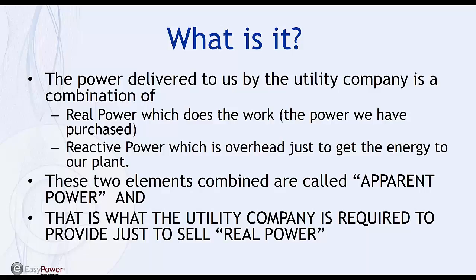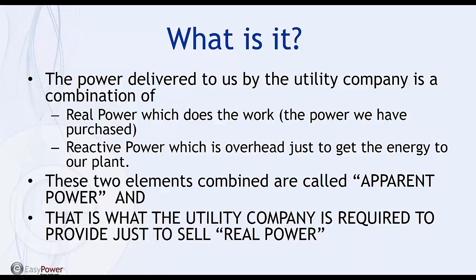Just real briefly, the power delivered to us by a utility company is a combination of two things. Basically, the real power, which does the work, and that's what we purchase to be able to do work with the electrical energy. And then there's reactive power, which is an overhead that the utility company has to supply just to get the energy to our plant.